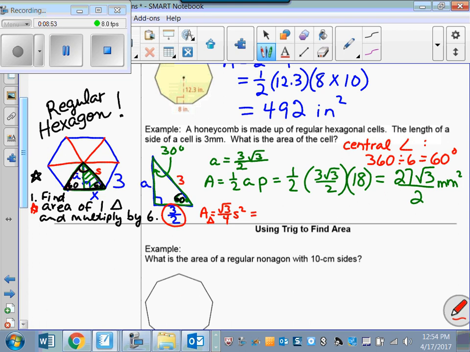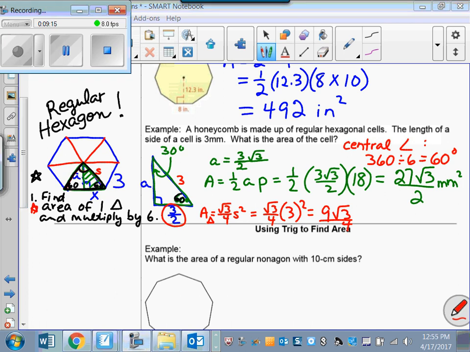So what I got is the square root of 3 over 4 times 3 squared, which gives me 9 times the square root of 3 over 4.